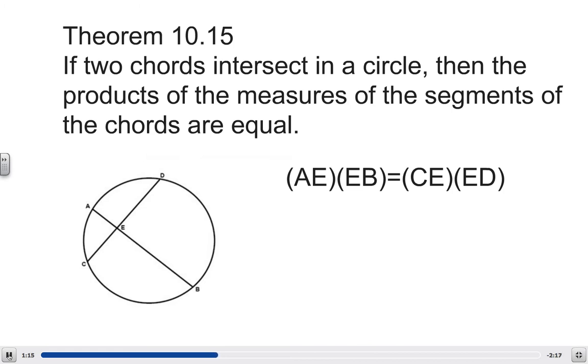And so that brings us to Theorem 10.15, that if two chords intersect in a circle, then the products of the measures of the segments of the two chords are equal. For instance, AE times EB is going to be equal to CE times ED.